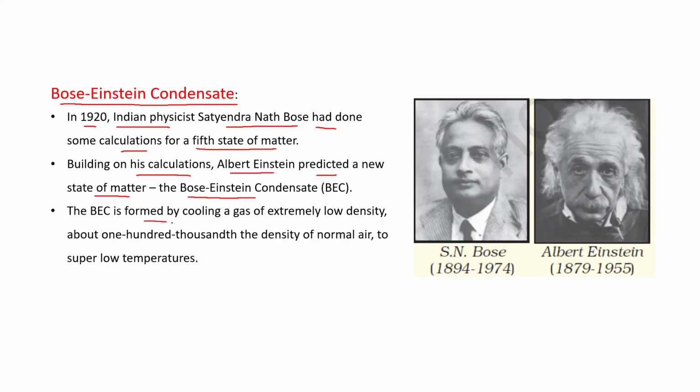BEC is formed by cooling a gas of extremely low density, about one hundred-thousandth the density of normal air, to super low temperature. Simply we can say plasma exists at a very high temperature and BEC exists at a super low temperature. Is it clear?